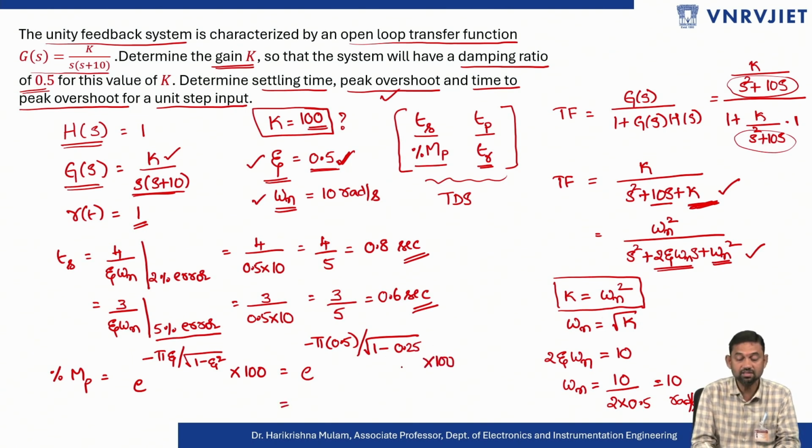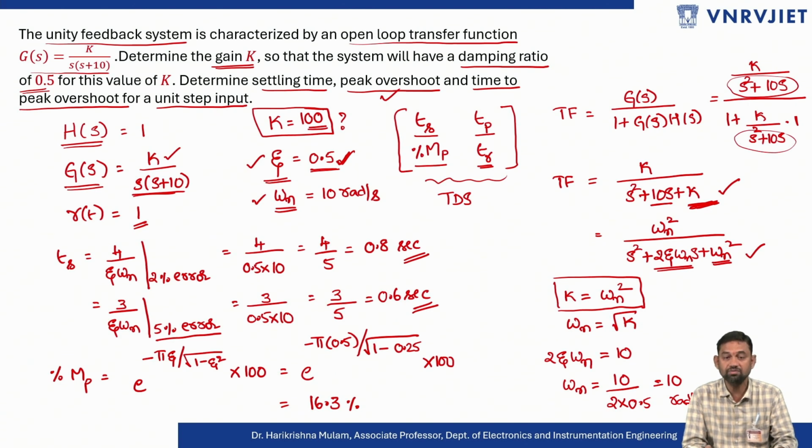If you solve this expression, you will get 16.3%. So the overshoot present in this system is 16.3%, which indicates that there is a deviation of 16.3% of the final value in the output during its first peak.